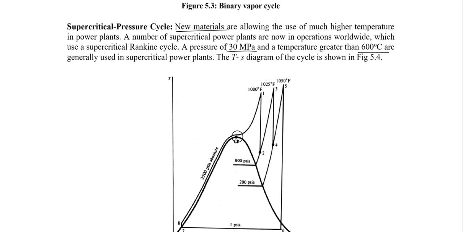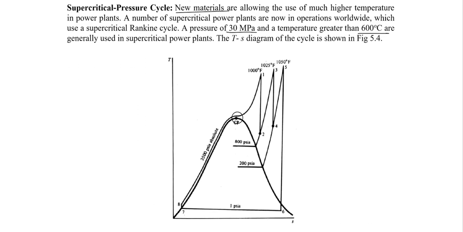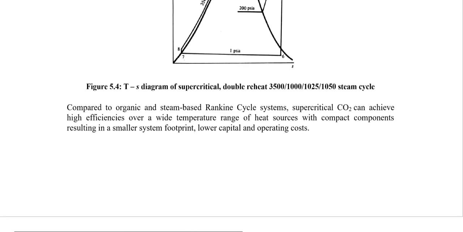So now we can have a boiler, or a Rankine cycle, which works at supercritical temperature and pressure. By supercritical temperature and pressure, we would have the maximum thermal efficiency possible in a Rankine cycle, and that would be in a supercritical Rankine cycle.